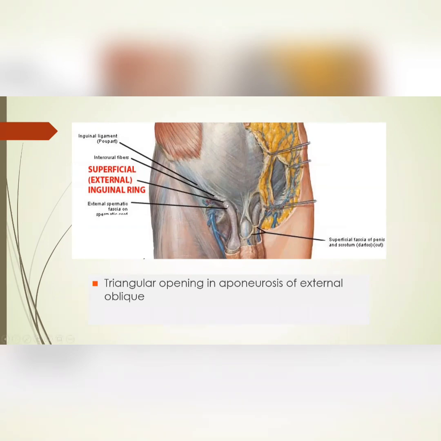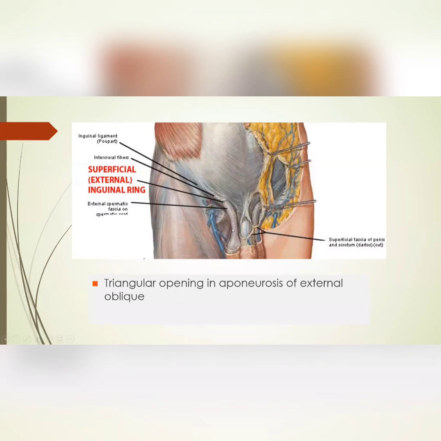And if you look carefully, the structure that passes through superficial inguinal ring is the spermatic cord. So the testis is present within the scrotum, and the vas deferens travels from the testis to the pelvic cavity. You know that basic anatomy.